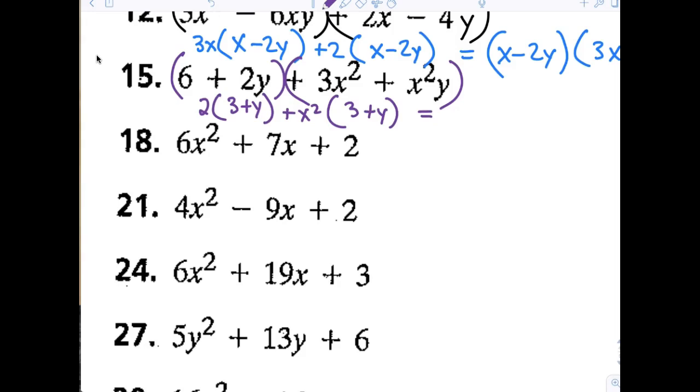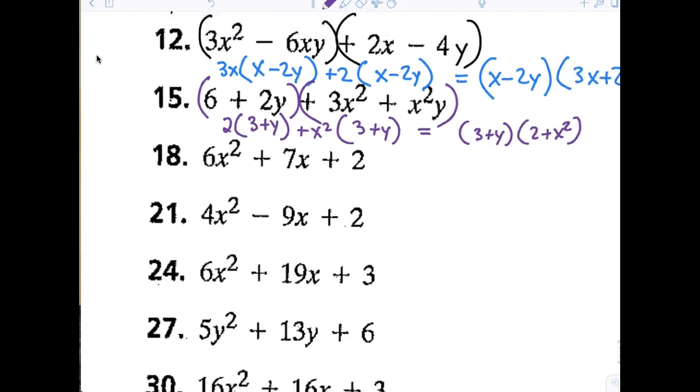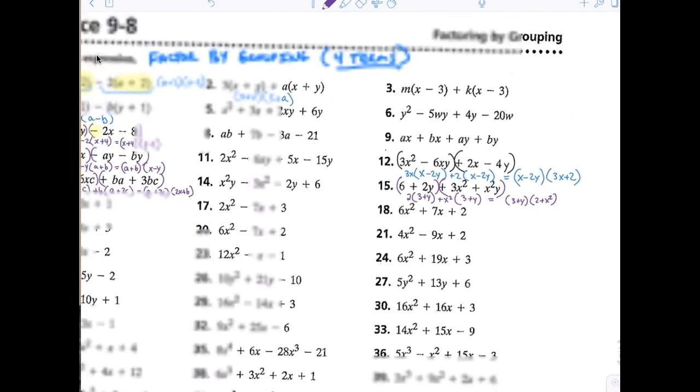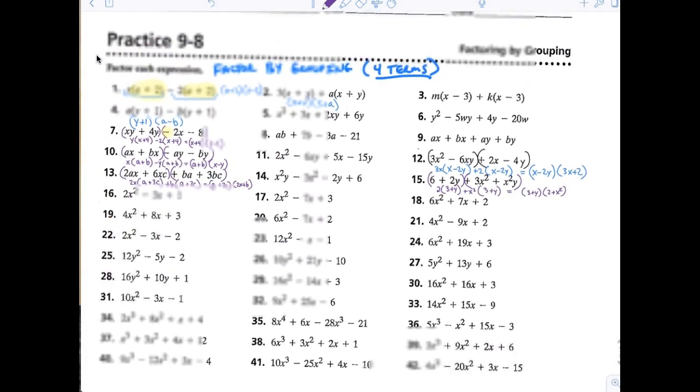So your final answer: 3 plus y and 2 plus x. Everybody agree? Everybody see? That's not too hard. So, the factor by grouping.